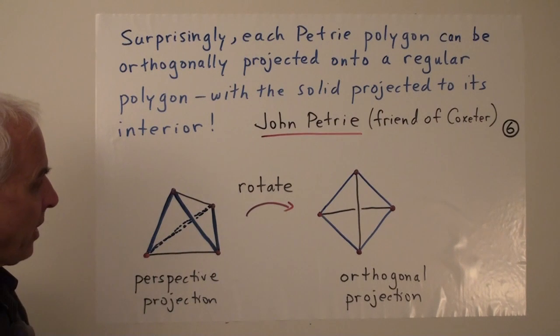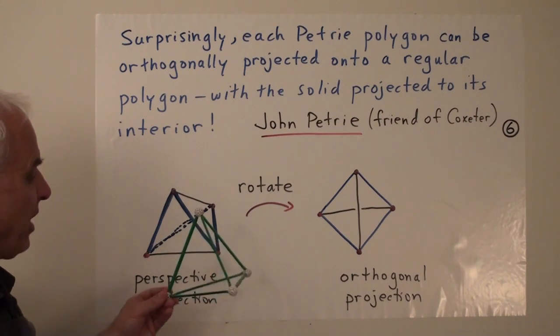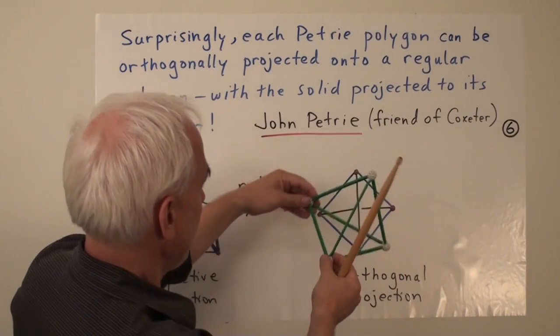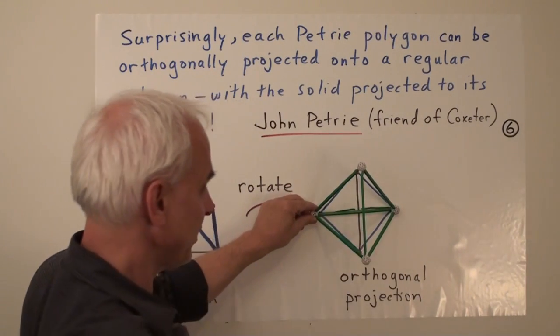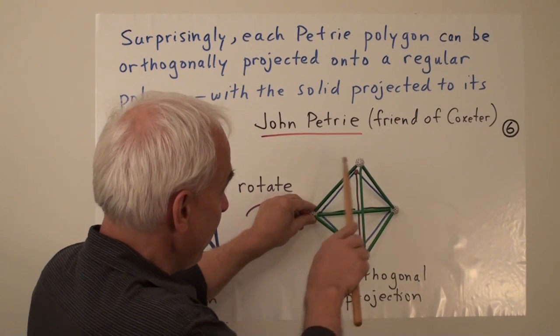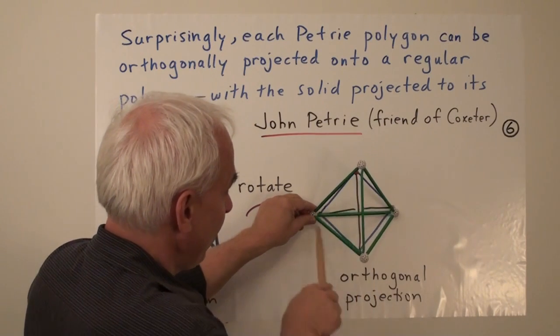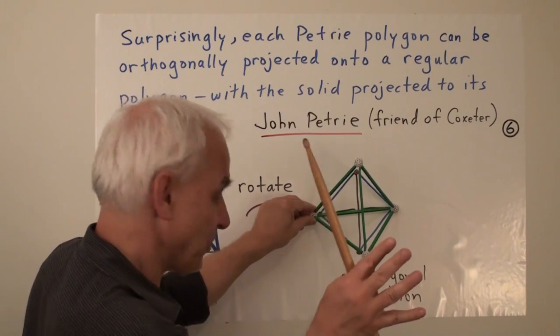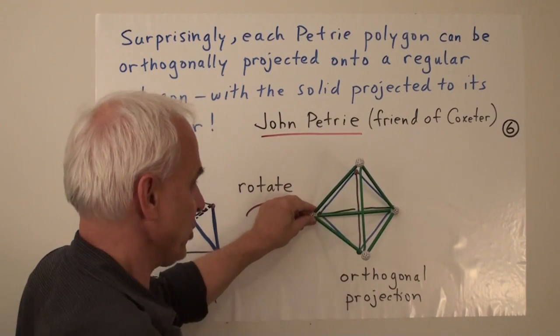Okay, now we can take that same thing, and if we look at it in the right way, if we tilt it just like this, then perhaps you will see an outline. The outline is appearing to you as a square, at least if you're far away, and this is an orthogonal projection.